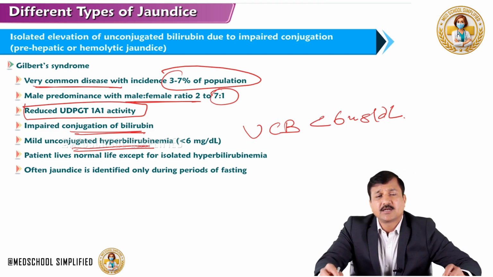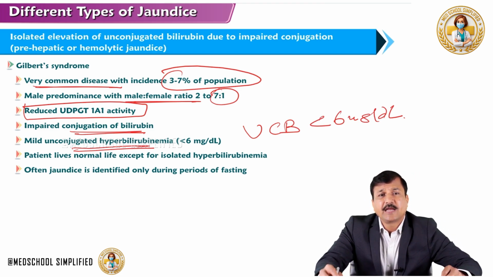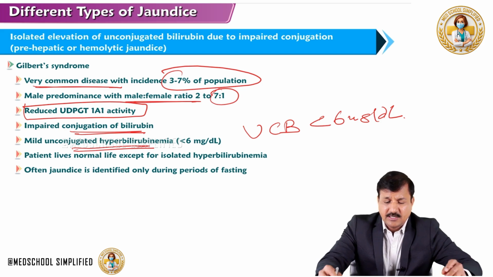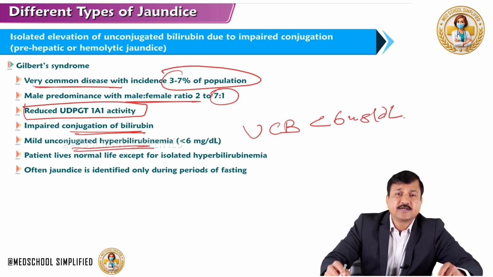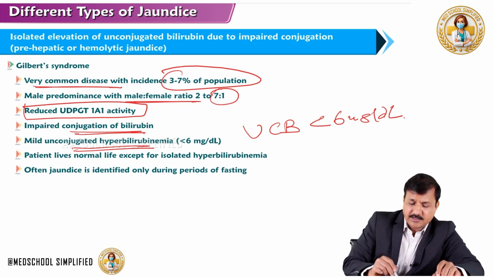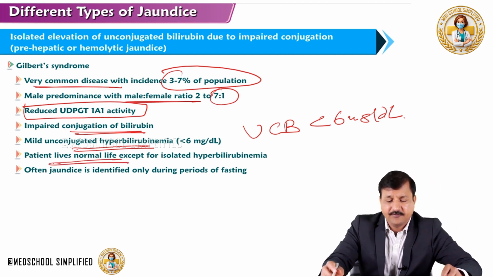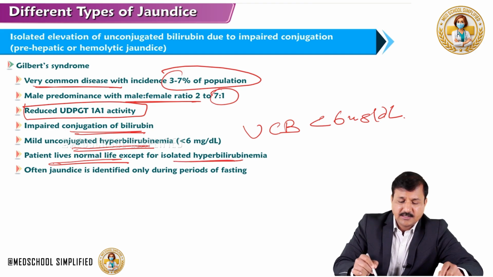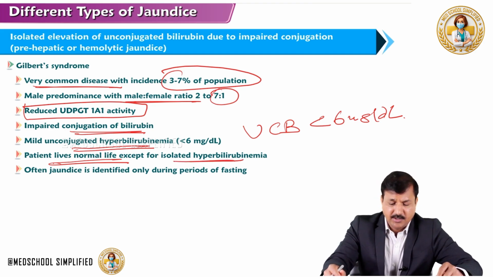Okay. So normally unconjugated bilirubin is 0.8 milligram per deciliter. So less than 6 milligram per deciliter UCB, unconjugated hyperbilirubinemia, is seen here, and patients generally live a normal life except for isolated hyperbilirubinemia.